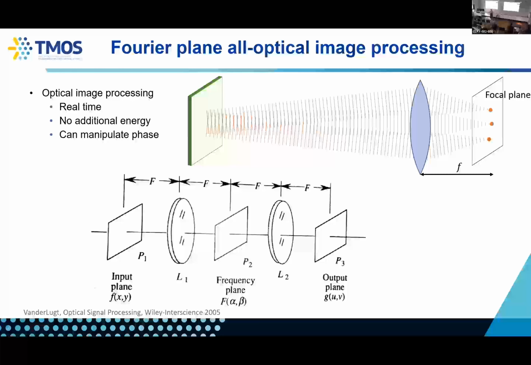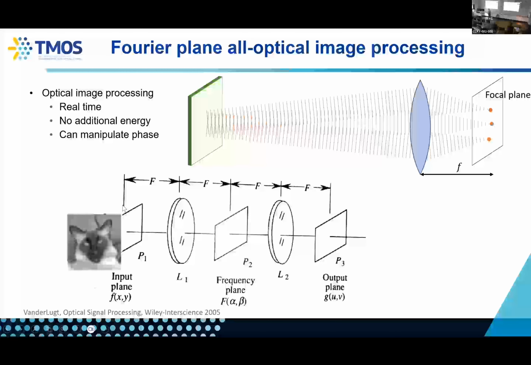So this led to the rise of optical systems such as the well-known 4F system here, where we have a couple of lenses here and here, and we have an input image over here, and light from that then propagates to this plane over here.